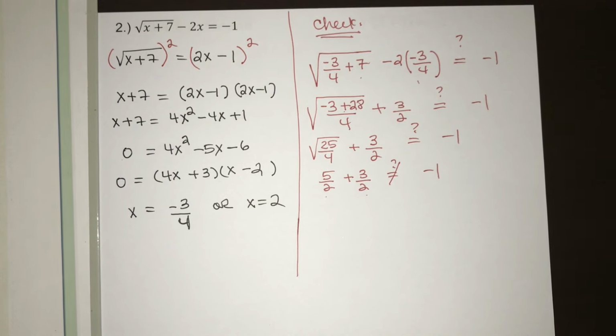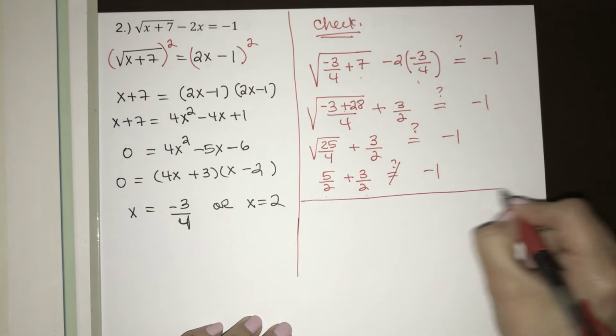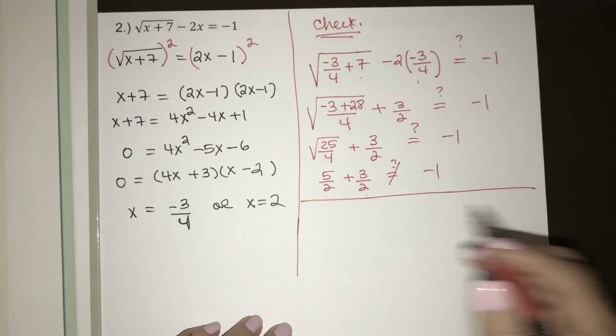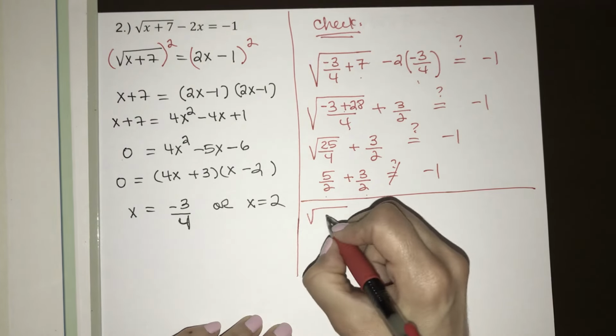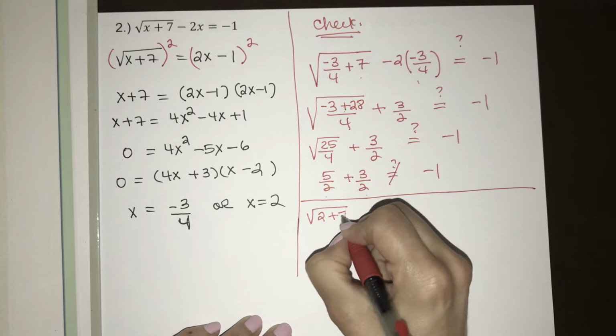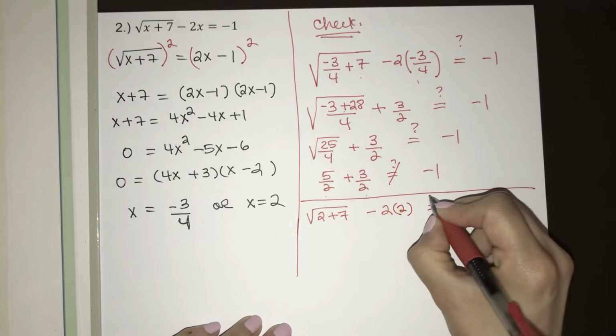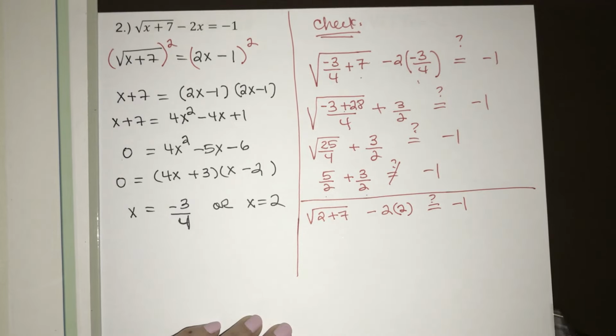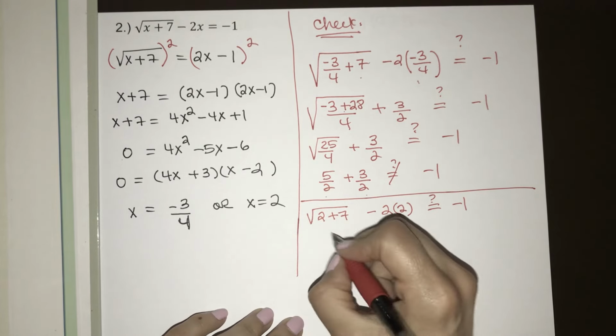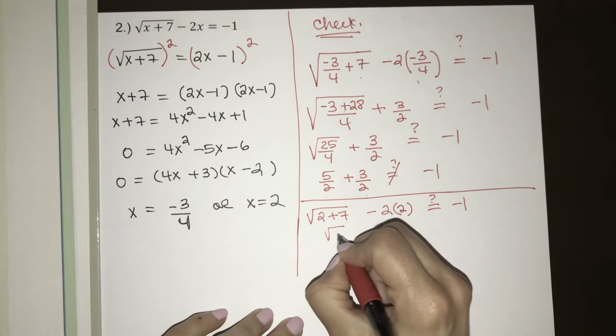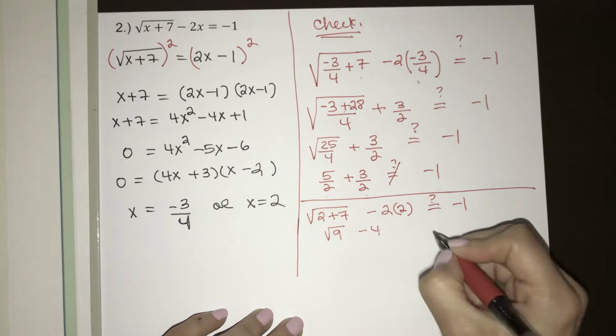Let's try 2. All right, so right here, we have the square root of 9, right? Minus 4.